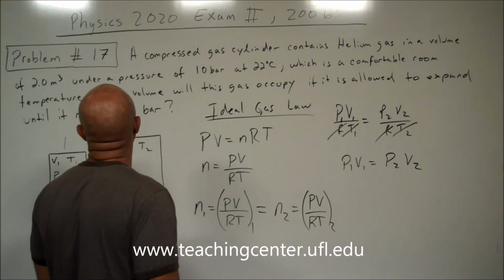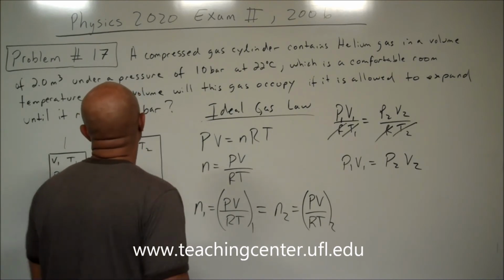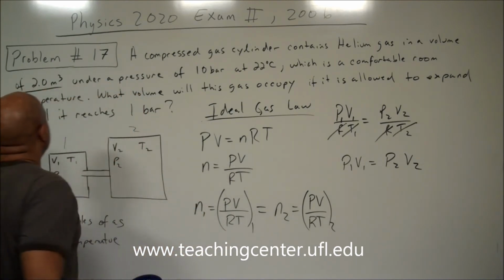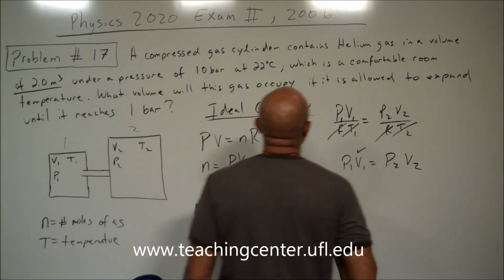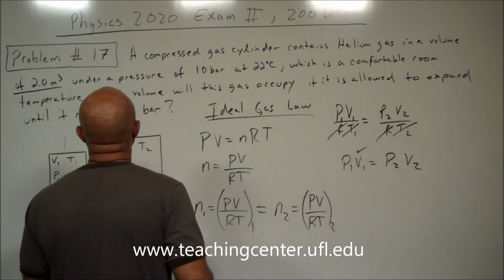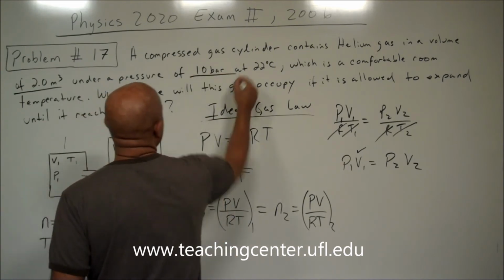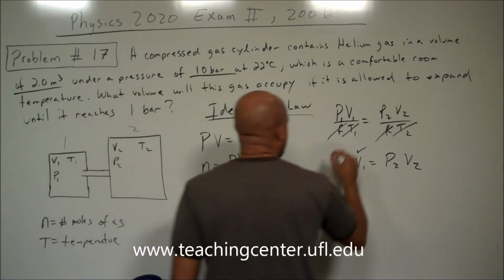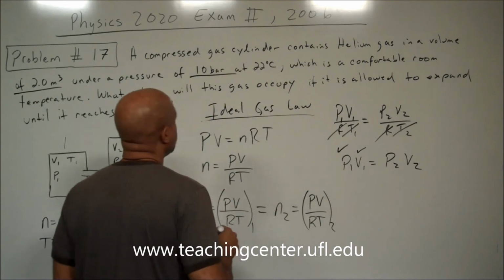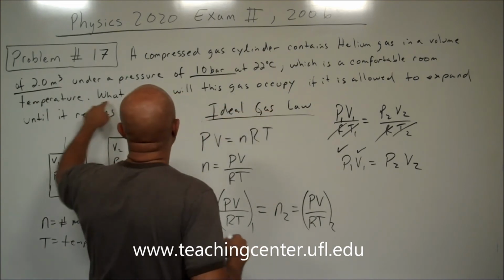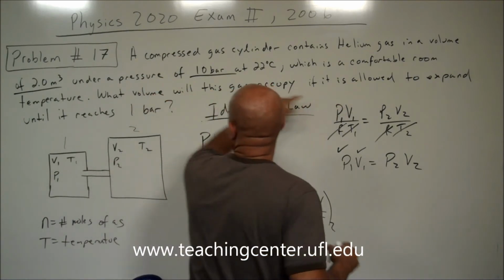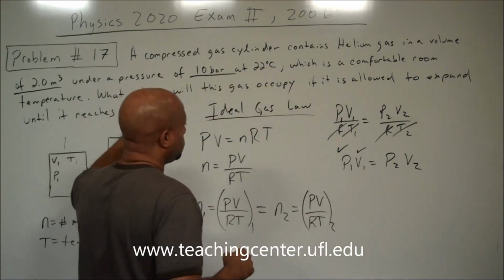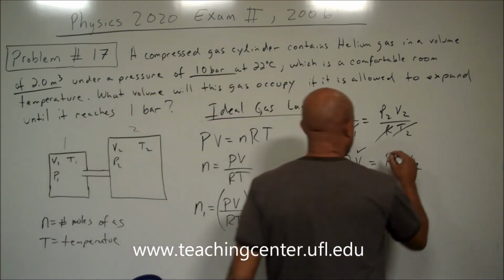And let's see what they give us in the problem. They give us the volume of the first tank, which is 2.0 meters cubed. And we know that it's under a pressure of 10 bars, so we know the pressure of the first one. Then we know that it's allowed to expand until it reaches 1 bar, so we know the second pressure.